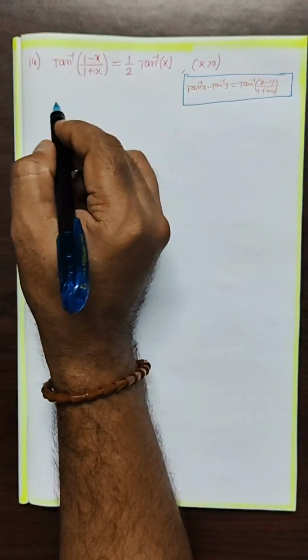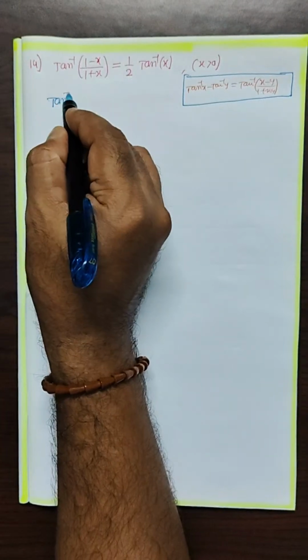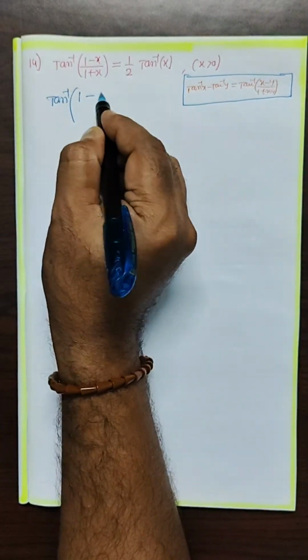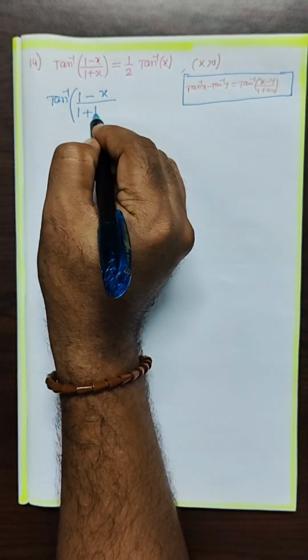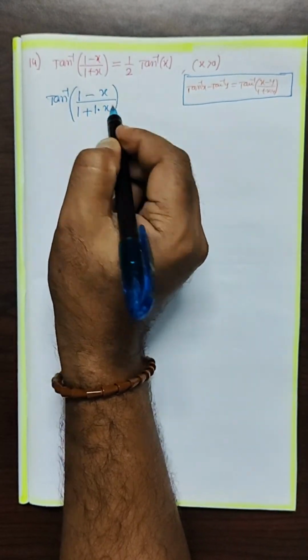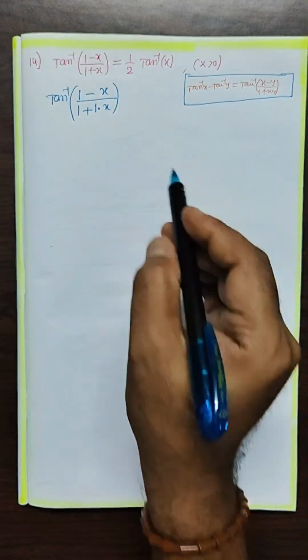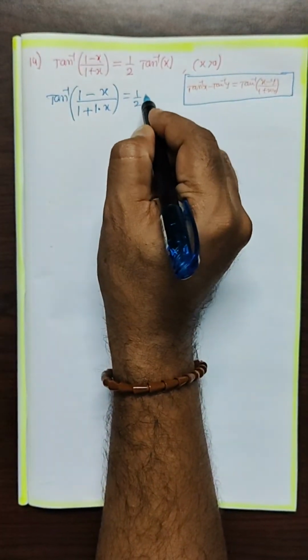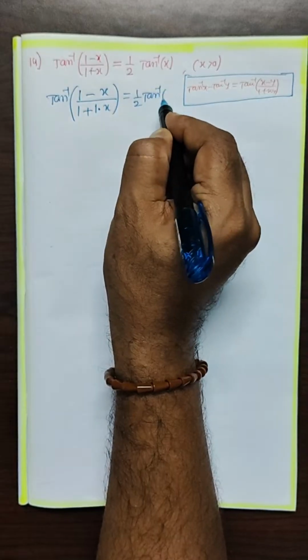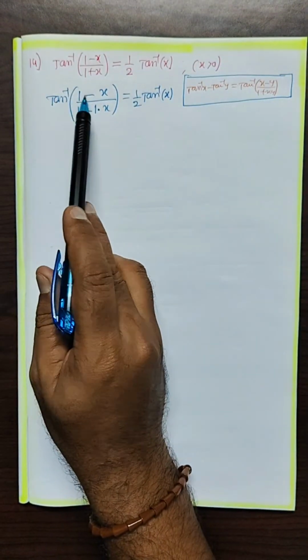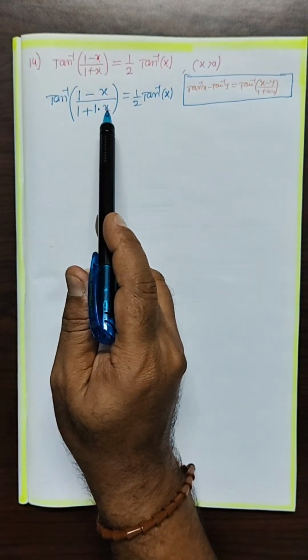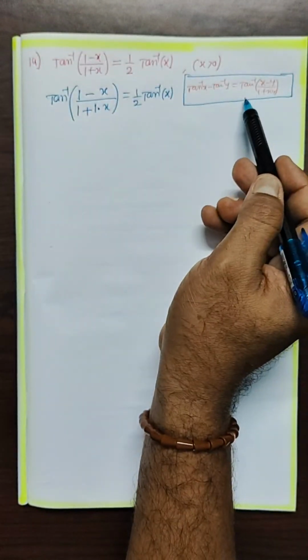So by observing the given data, tan inverse of (1 minus x) by (1 plus x) can be written as (1 minus x) by (1 plus 1 into x). Can I write it like this? It equals half tan inverse x. So it is in the form of tan inverse of (x minus y) by (1 plus xy). So we have this formula.